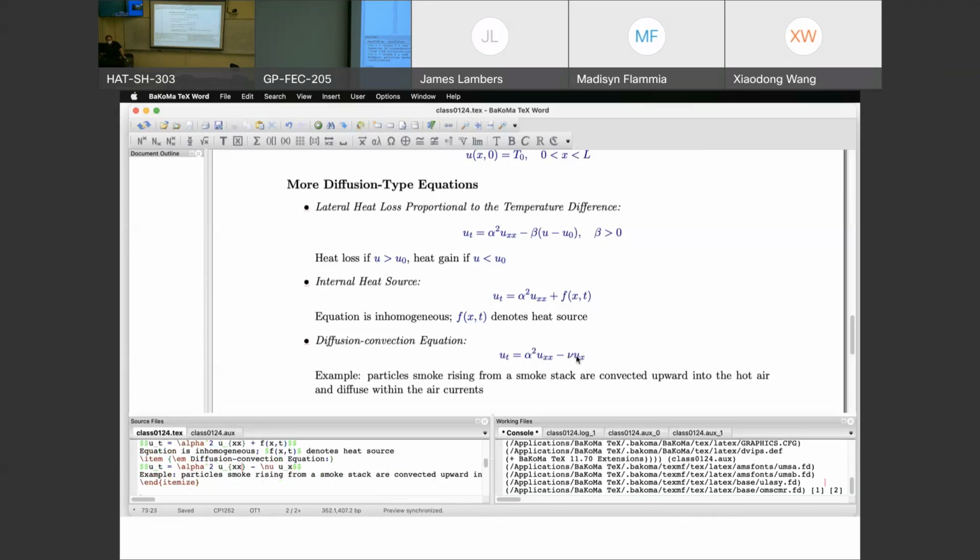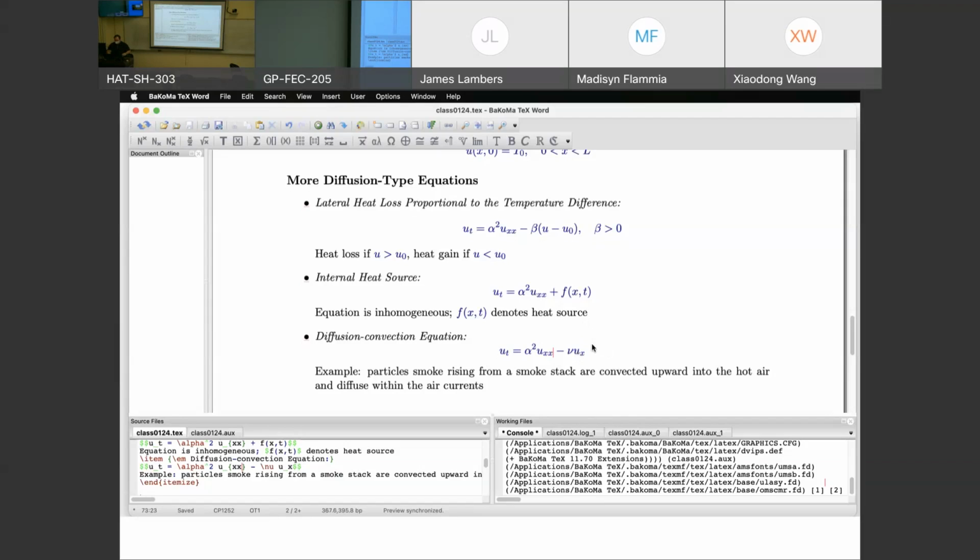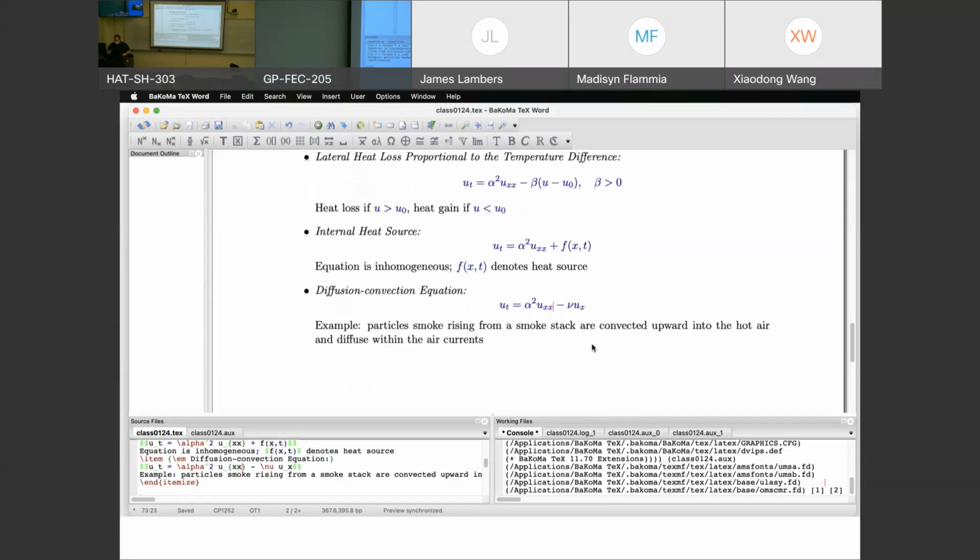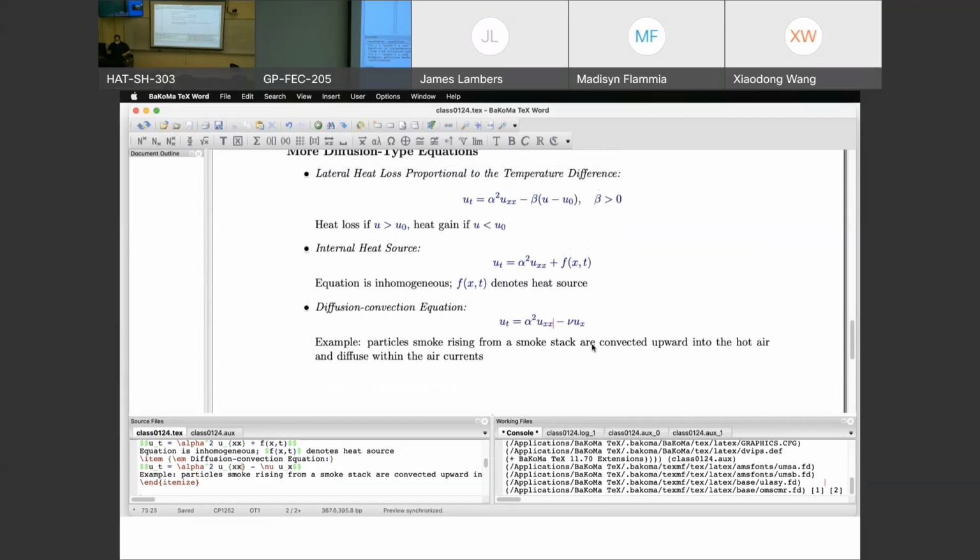First derivative term is convection. And now and then we'll deal with PDEs like this that have these additional terms and figure them out. You said one derivative is convection? Yes.